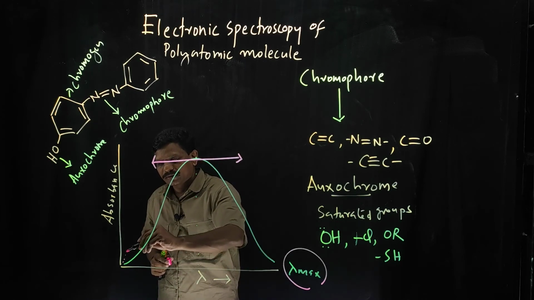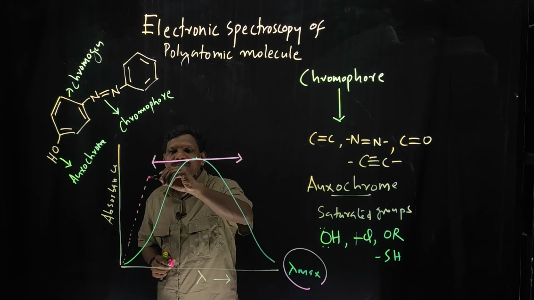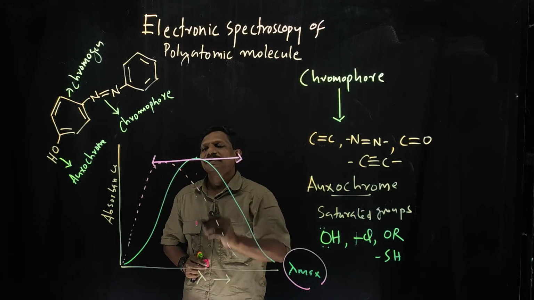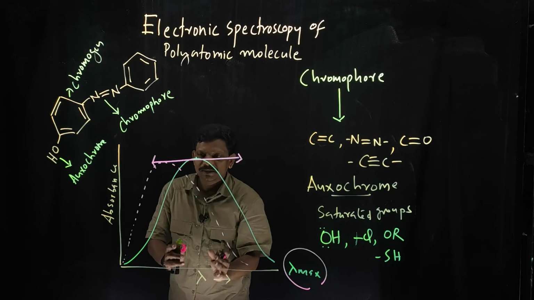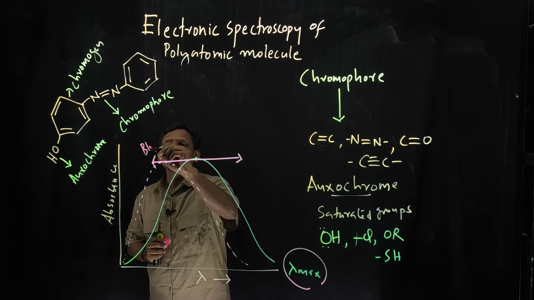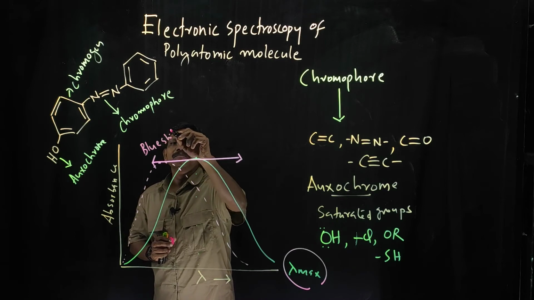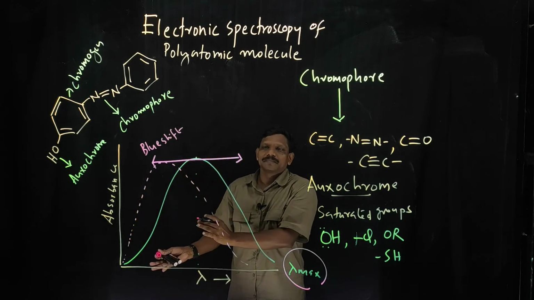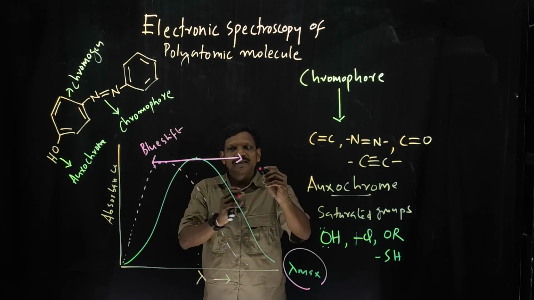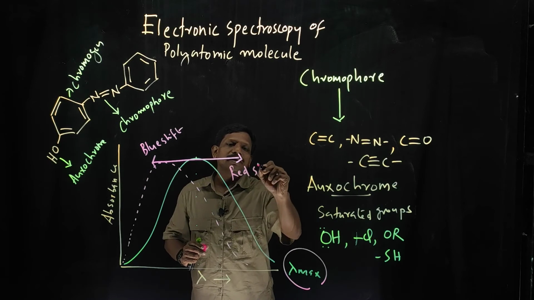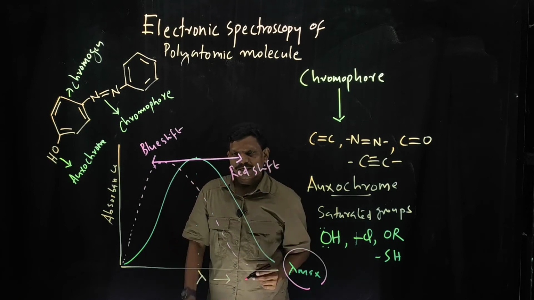Suppose it is shifting like this, to the low wavelength region, this is known as the blue shift of lambda maximum. And when it is going to the higher wavelength region, you can call it the red shift.